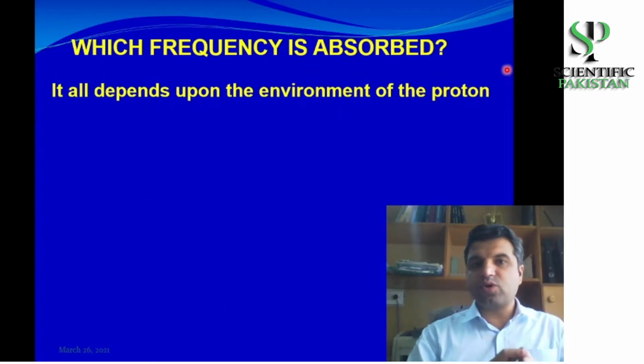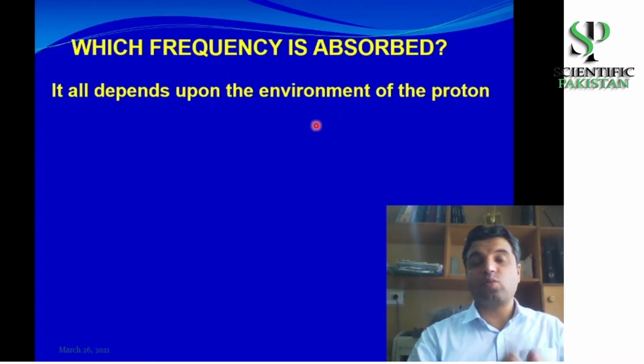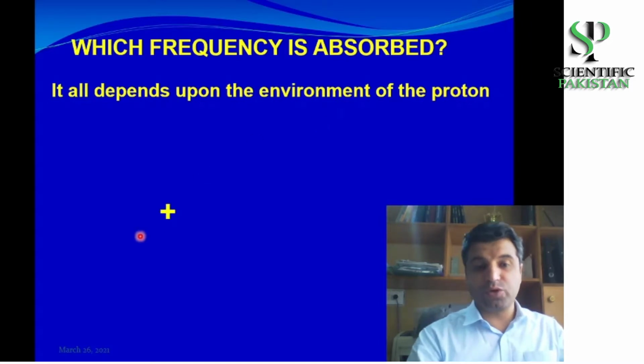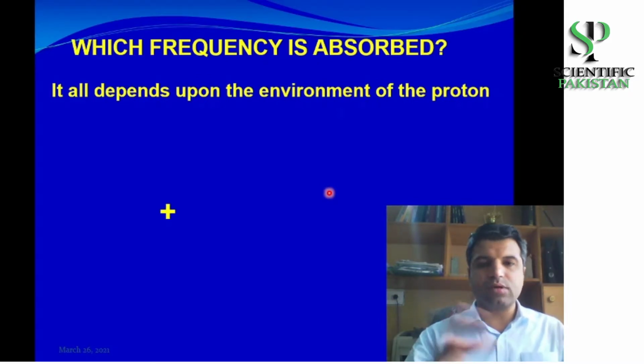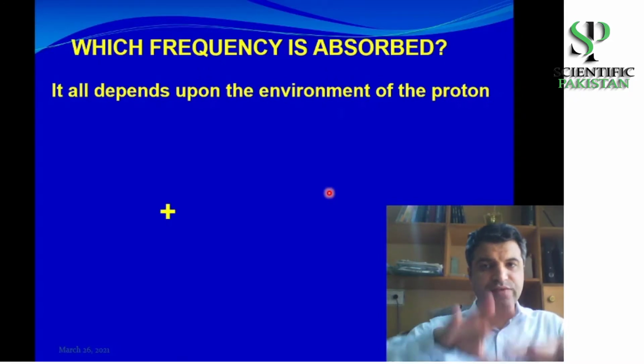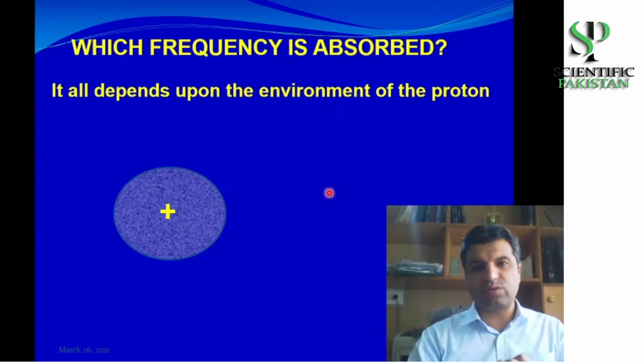The amount of frequency that is absorbed by the proton is dependent upon its chemical environment. What does that mean? We have a proton nucleus, and it has certain groups arranged around it, for example, carbon atoms, oxygen, nitrogens, and they will affect this proton. It will have some amount of electron density around it.